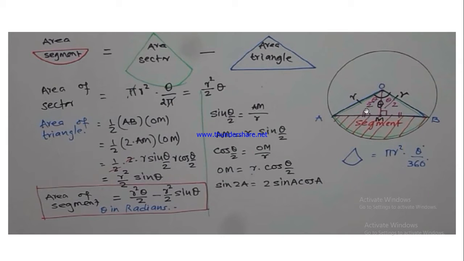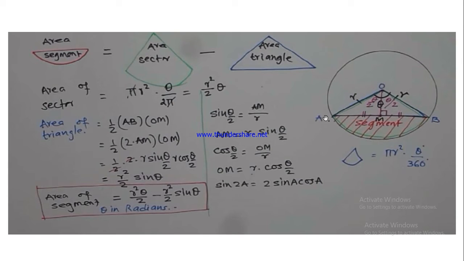So AM is equal to MB and angle AOM is equal to angle MOB. From this we get that AB is twice AM, and putting this into the equation for the area of the triangle, we get half into twice of AM into OM. Now we have to find expressions for AM and OM.